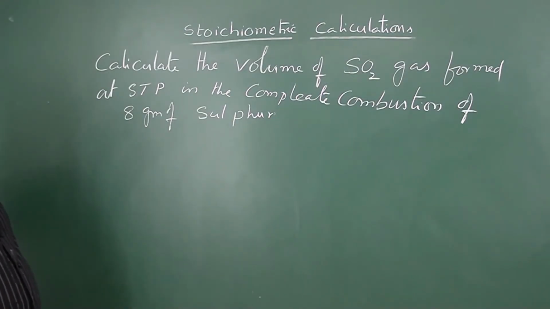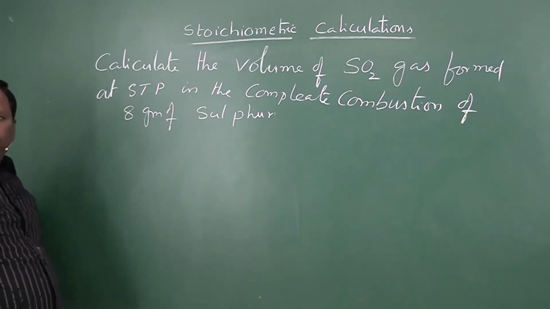calculate the volume of SO2 gas formed at STP in the complete combustion of 8 grams of sulfur. We know that sulfur, when burned in presence of oxygen, gives sulfur dioxide.